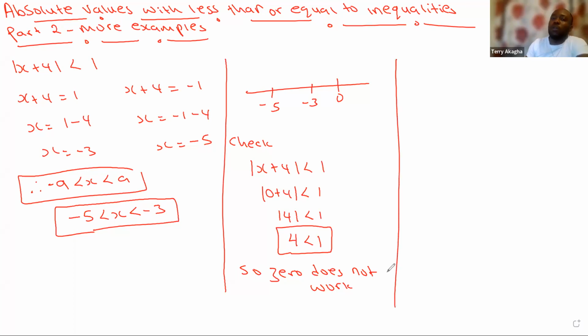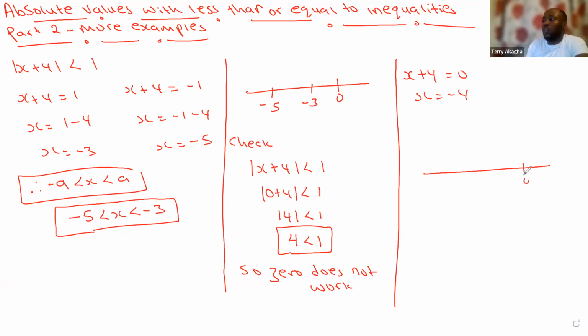And also, if you want to play around again, you want to draw the graph as usual. So like I told you, to draw the graph, you just equate the inequality to be equal to 0, so it will be y equal to 0. So x plus 4 will be equal to 0. So x is going to be minus 4. So if you're going to draw it, the graph is going to be at minus 4.